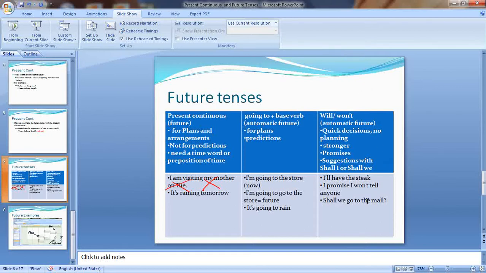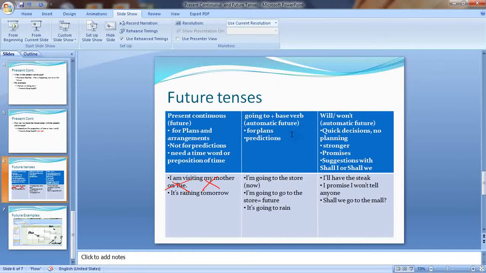The question form, sometimes we use shall. Okay, shall we go to the mall? Will we go to the mall? You can say that, but shall is more of a suggestion. Okay. Again, will tends to be stronger than these other forms.